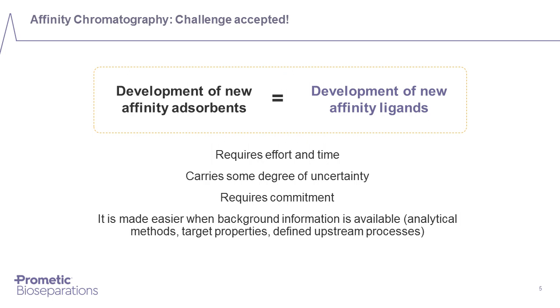And even in that scenario, affinity chromatography many times is an afterthought, that people will try several other techniques first and then come back to affinity chromatography if it didn't work very well. We have developed a few tools that make this process a bit easier, and I will talk a bit more about this in a few slides.